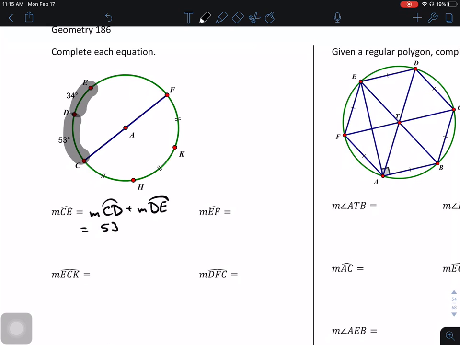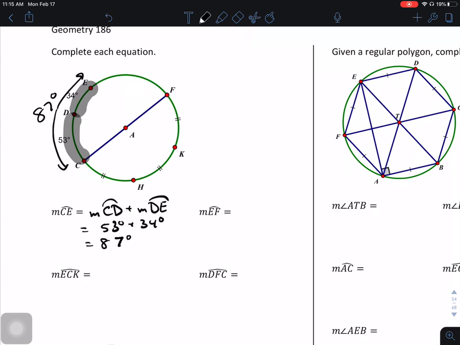CD is 53 degrees, DE is 34 degrees. If you add those together, I believe you're going to get 87 degrees. So from here to here is 87 degrees.